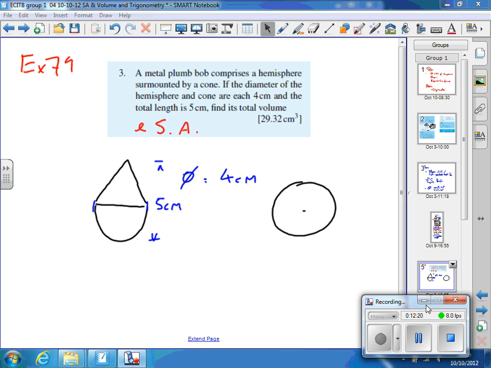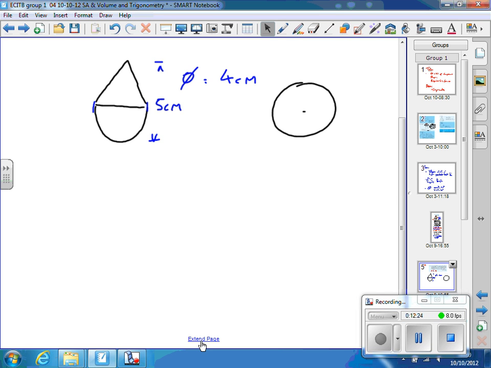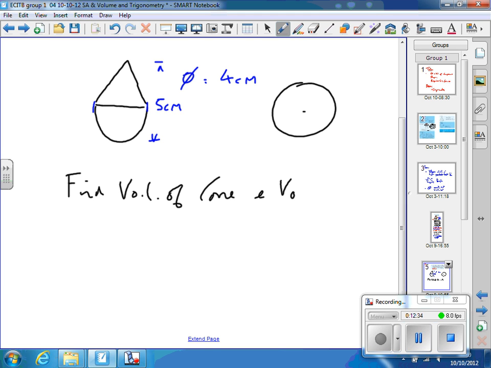Find the volume of the cone and then add them together, yeah. So we're going to find the volume of the cone and volume of hemisphere and add them to get the total volume, aren't we? That's our plan, okay?